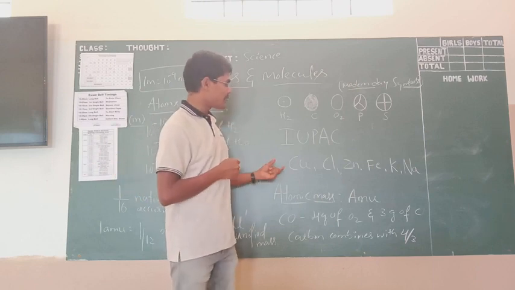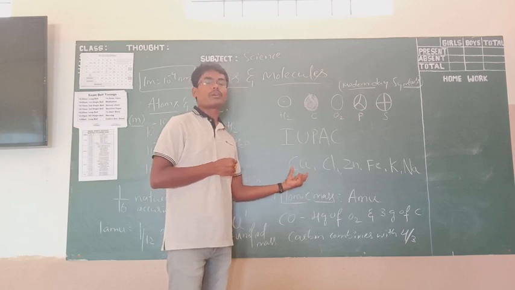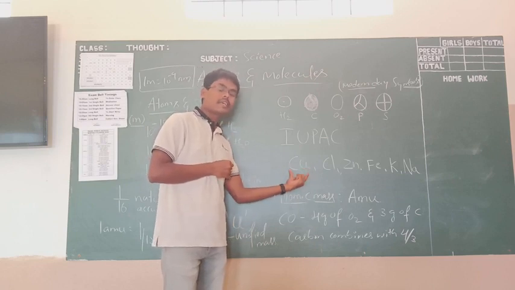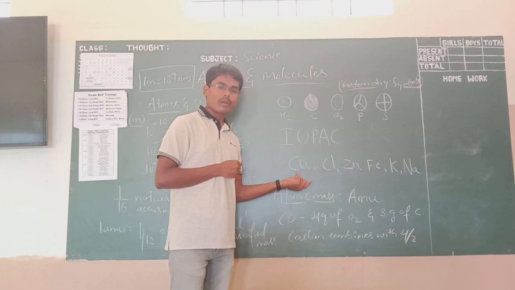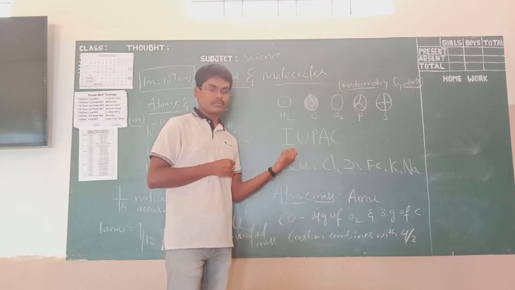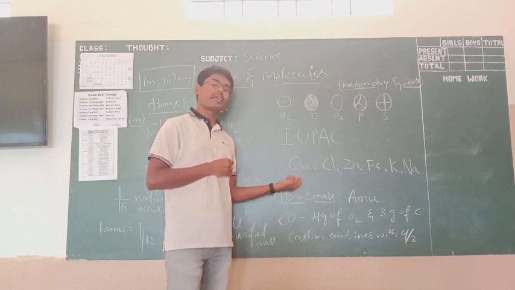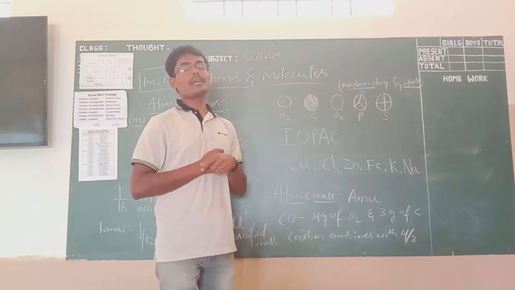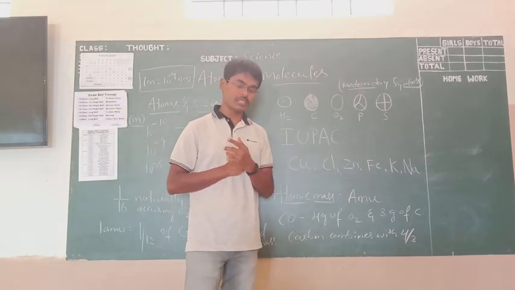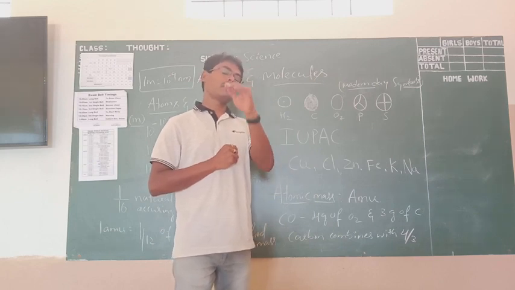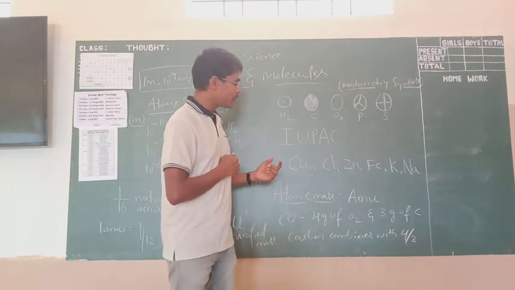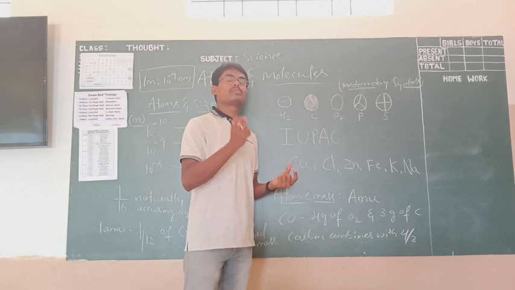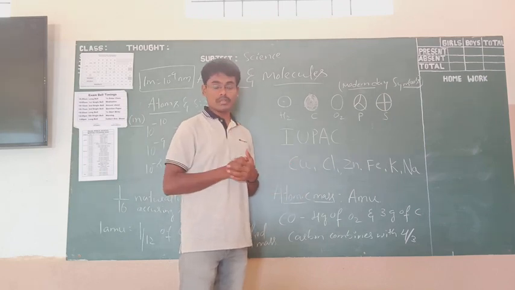For example, I have written the very first one, copper, and this is Cu. This indicates the element copper. How do we abbreviate copper? Copper is found hugely and abundantly in a place called Cyprus. From that word Cyprus, we get the word copper.